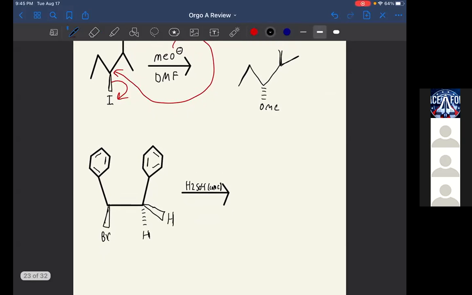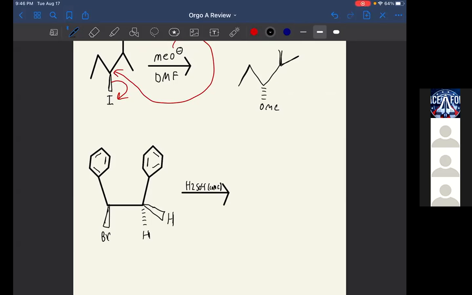Okay, so the next one. This one looks really hard, and it kind of is hard. But is this an E1, E2, SN2, SN1? It's going to be an E1 because concentrated H2SO4 is one of those rare exceptions where an E1 mechanism occurs.